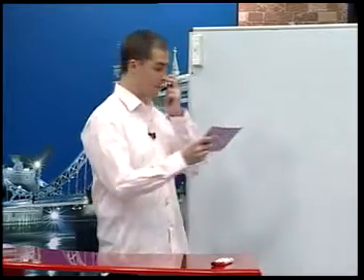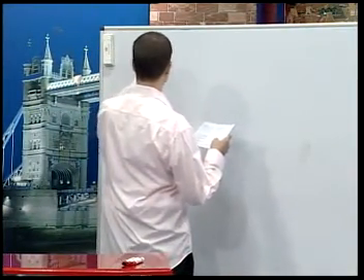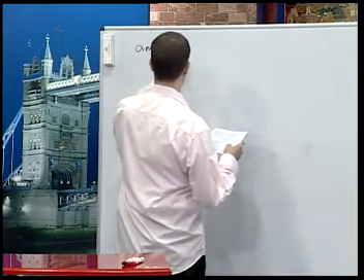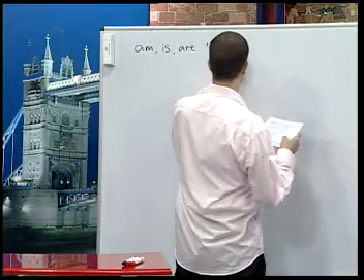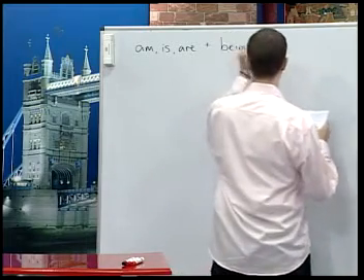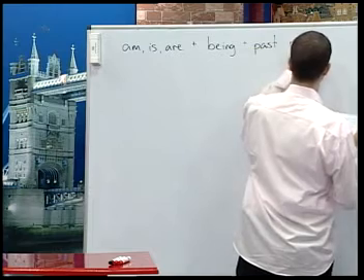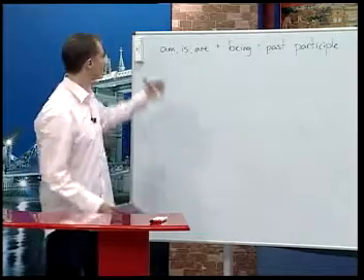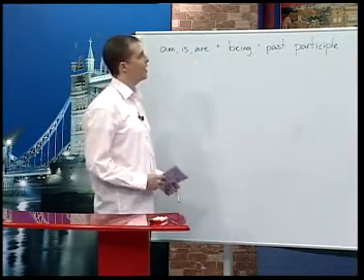To form the passive of the present continuous tense, we use am, is, or are, plus being, plus the past participle.